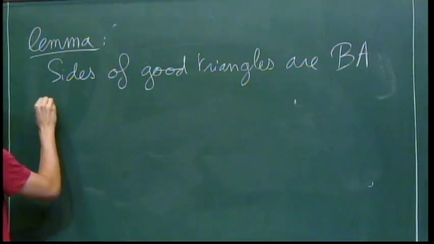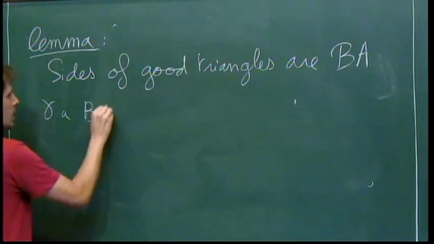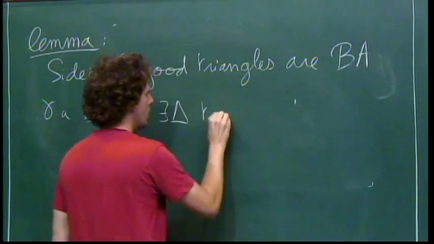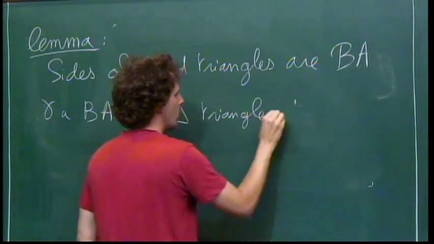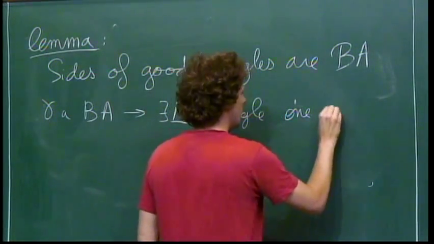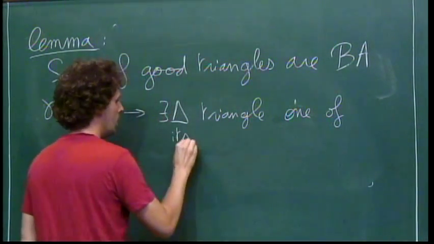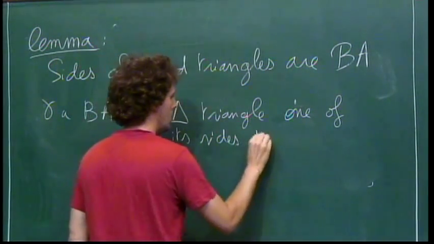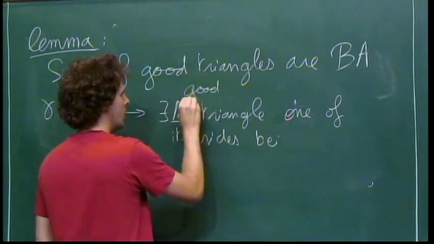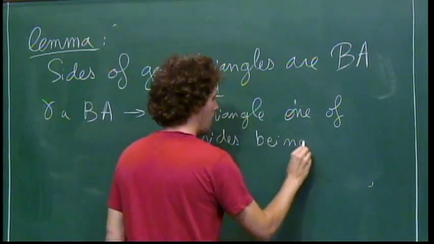If gamma is BA, there exists a triangle delta, a good triangle, sorry, good, one of its sides being gamma.